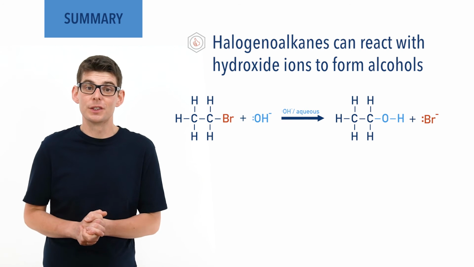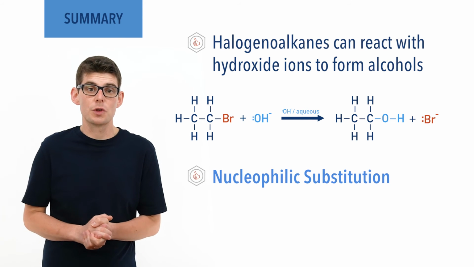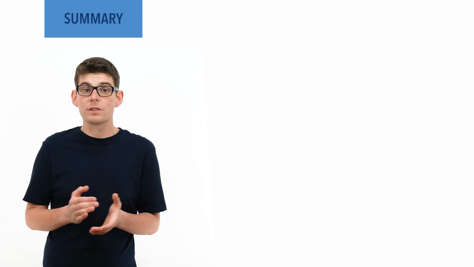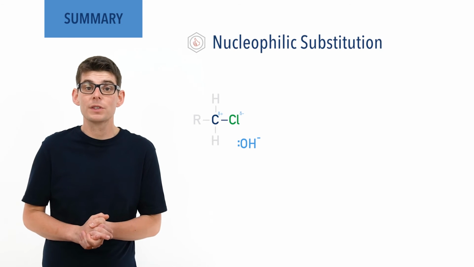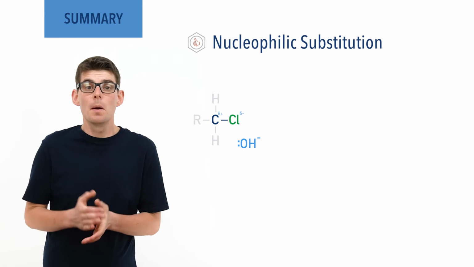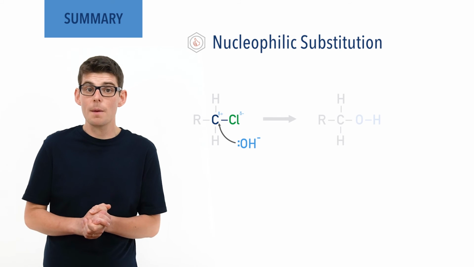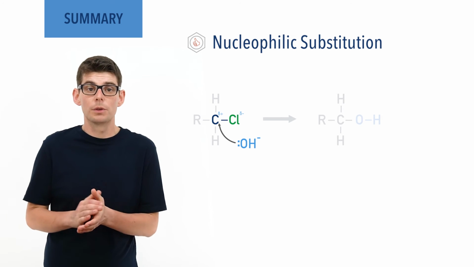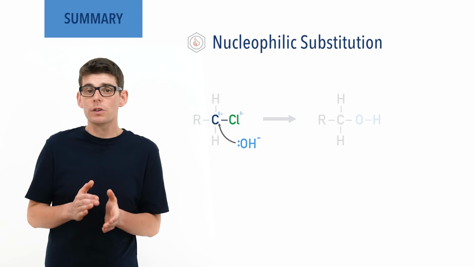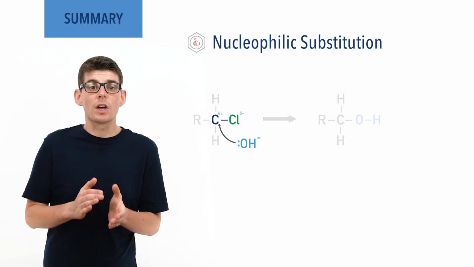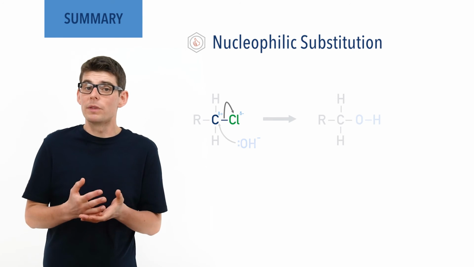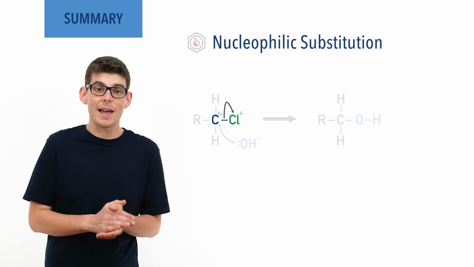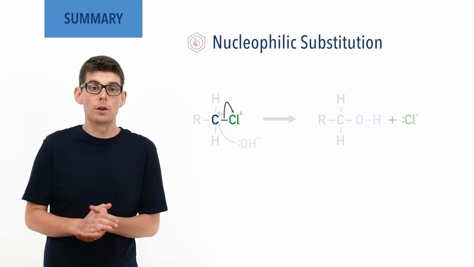The reaction is an example of nucleophilic substitution. Hydroxide ions have a lone pair of electrons and can act as a nucleophile, bonding to the partially positive carbon atom from a carbon-halogen bond. As a hydroxide ion forms this bond, the carbon-halogen bond breaks with the bonding electrons going to the halogen, forming a halide ion.